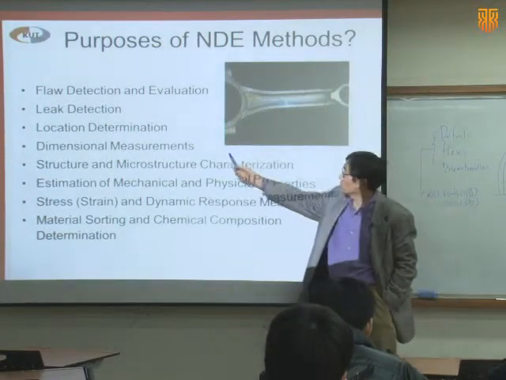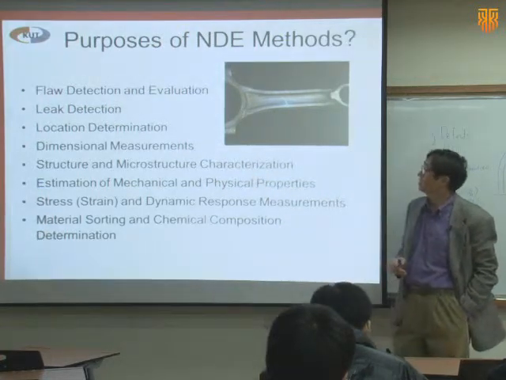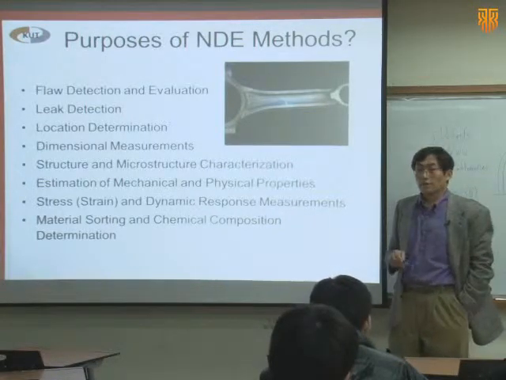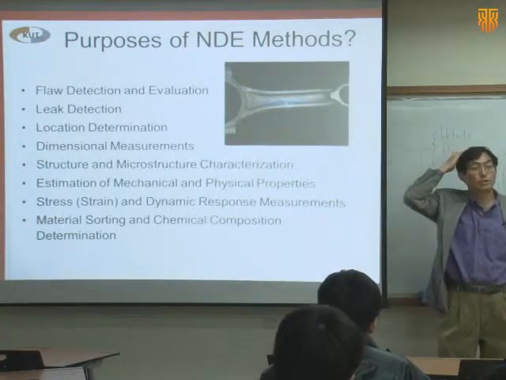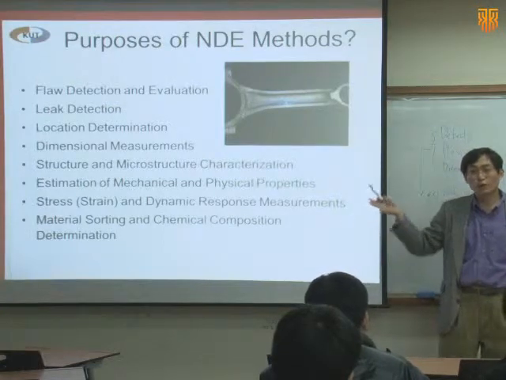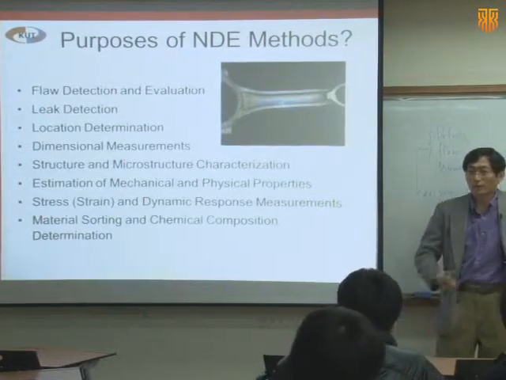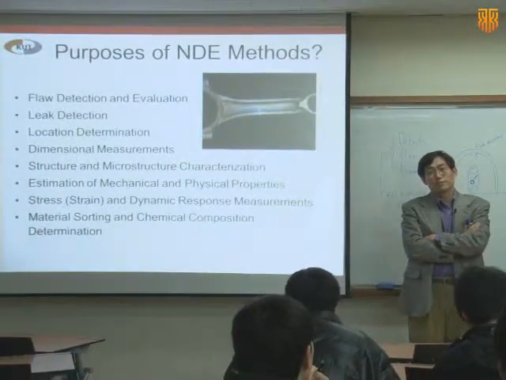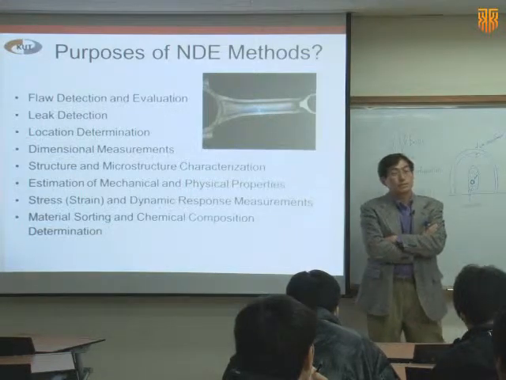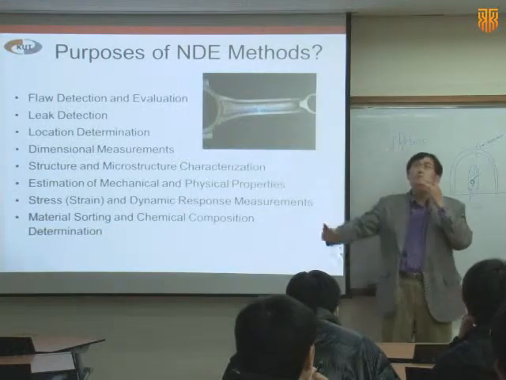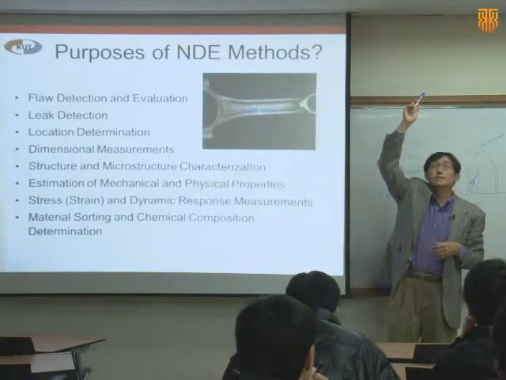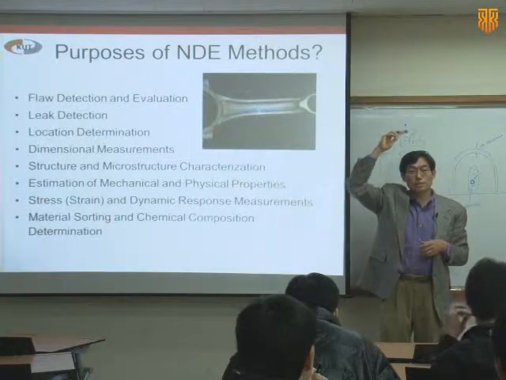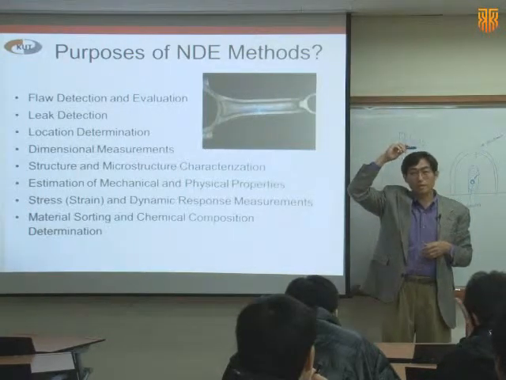Another major important area of NDT is dimensional measurement. Okay? If you want to measure my height without touching me, without doing anything, you can use ultrasound. Let's think about this. If you put an ultrasonic sensor on the ceiling, it sends ultrasound from the ceiling to the top of my head.